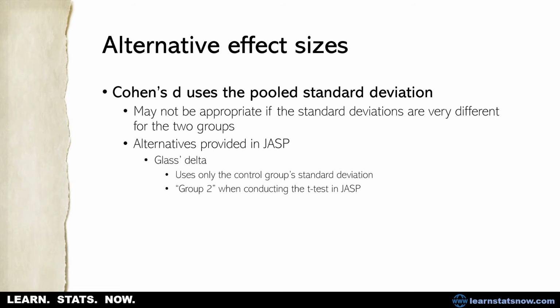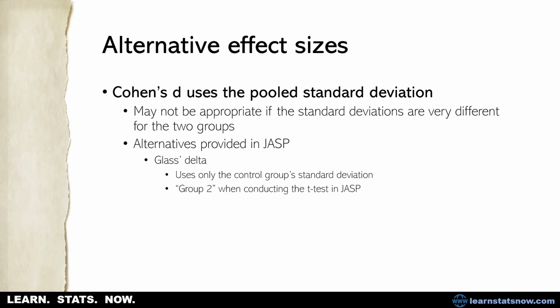For example, there's Glass's delta. And what Glass's delta does is it's pretty much like Cohen's d, but it only uses the control group's standard deviation, just one of the variances there, rather than creating an estimate of the standard deviation that comes from the pooled variance.